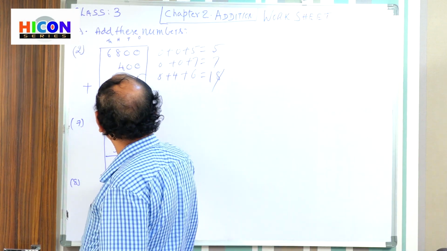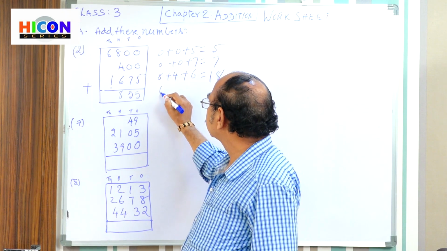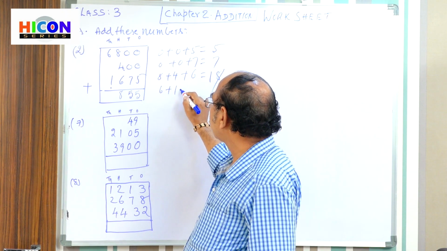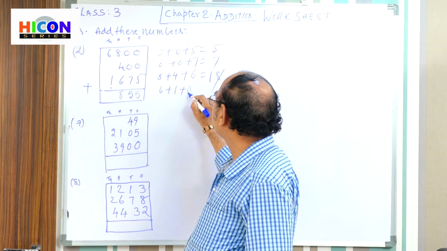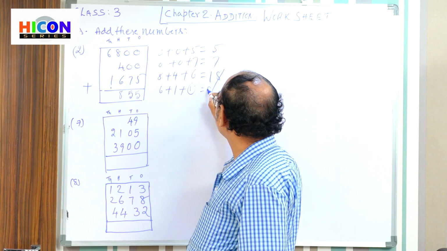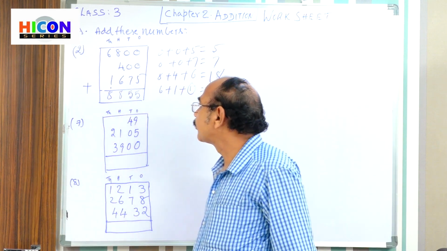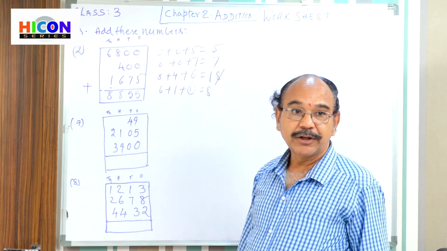So we write here 1. Now add the digits of the thousands place. 6 plus 1 plus the carried 1 is 8. So we write 8. The answer is 8,875.